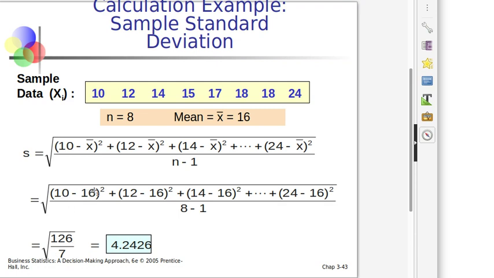The sample size is 8 minus 1 according to the formula, and then get the square root. So the square root is 4.2426.